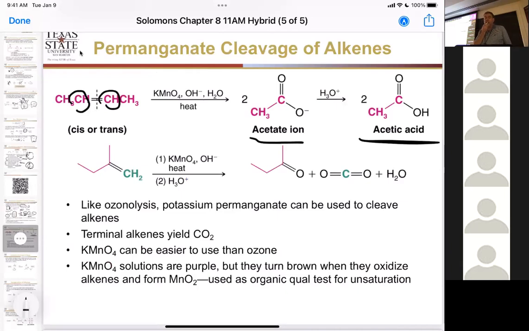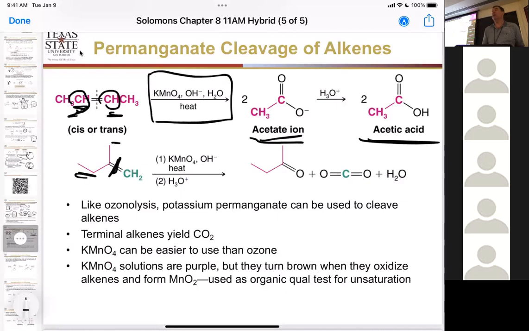So what's happening here? Well, it's oxidizing it to get to the aldehyde, but the aldehyde is reactive in these conditions, so it's oxidized down to a carboxylic acid. Okay, so if you have a hydrogen on your alkene, you're going to end up with a carboxylic acid from the permanganate reaction. Okay, but let's look at what happens here. If we have 2 R groups, it can't form a carboxylic acid because it's not going to oxidize off on those.